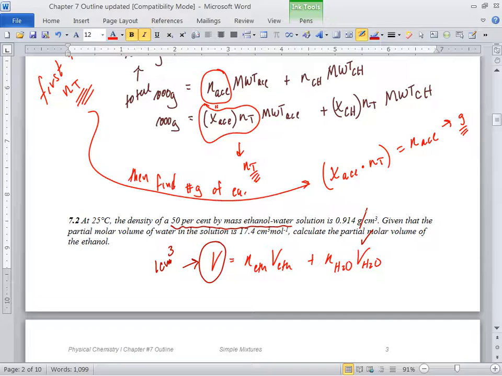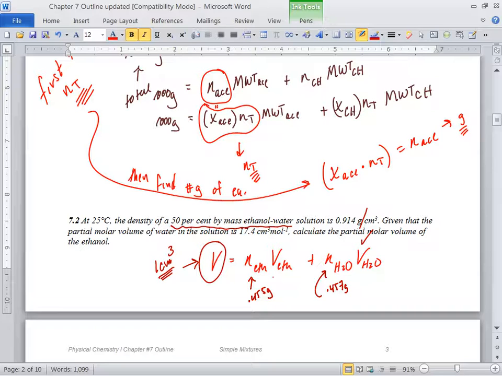And it's 50% by mass, so what mass of it has to be ethanol? What mass of it has to be water? Yeah, so divide 0.914 by 2, and you'd have the mass of each. So that's if you take 1 cubic centimeter. So just convert, what's 0.914 over 2? 0.457? So convert 0.457 grams of each into moles, and then you'll have those parts.